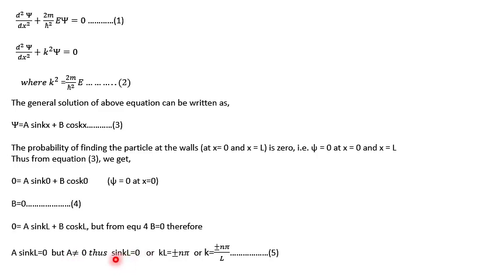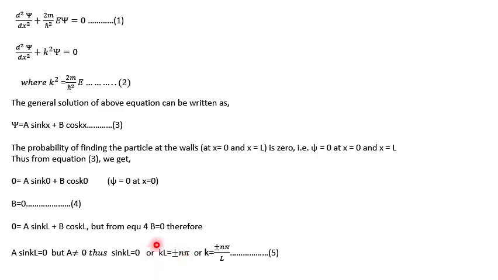Sine theta is 0 when theta is equal to n pi. In place of theta we have kL, so we can say that kL is equal to plus minus n pi.